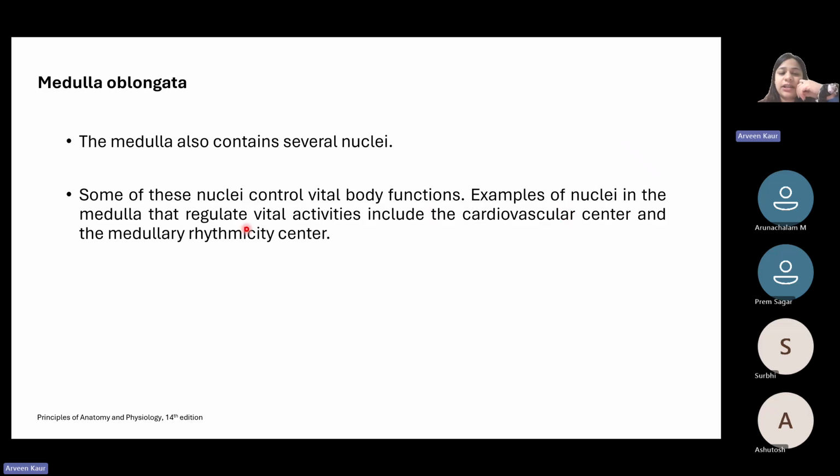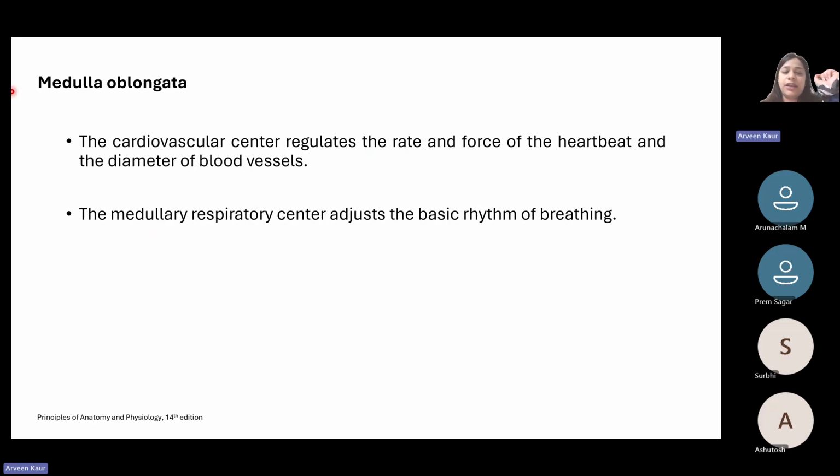Examples of nuclei in medulla that regulate vital activities include the cardiovascular center and the medullary rhythmic center. So all these, respiration, the heart beating, are involuntary functions that are taken care of by these bundles of nuclei that are present in the medulla oblongata.